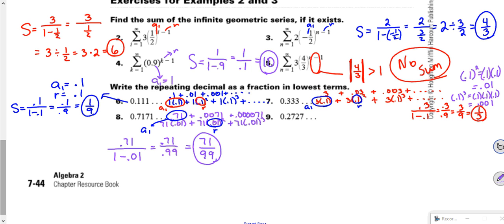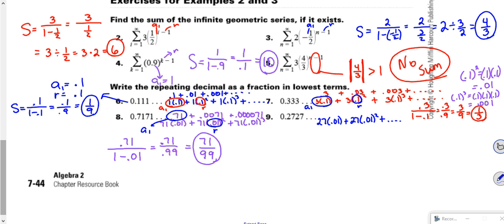Number 9, same kind of deal. I'm just going to jump to this: 27 times 0.01 plus 27 times 0.01 squared plus dot, dot, dot.